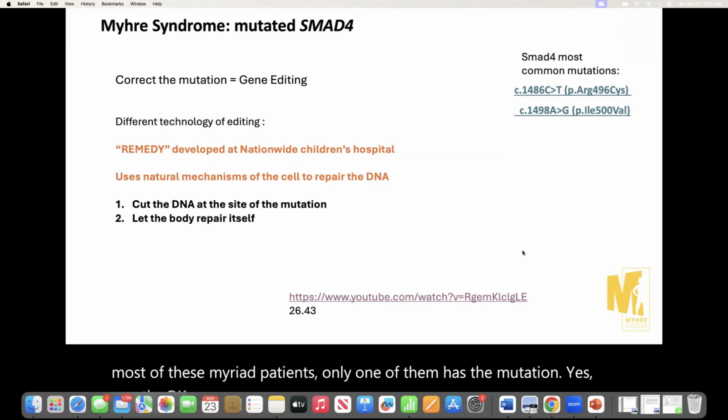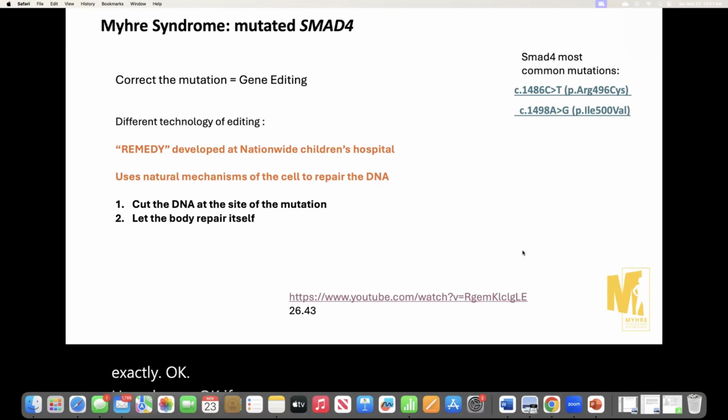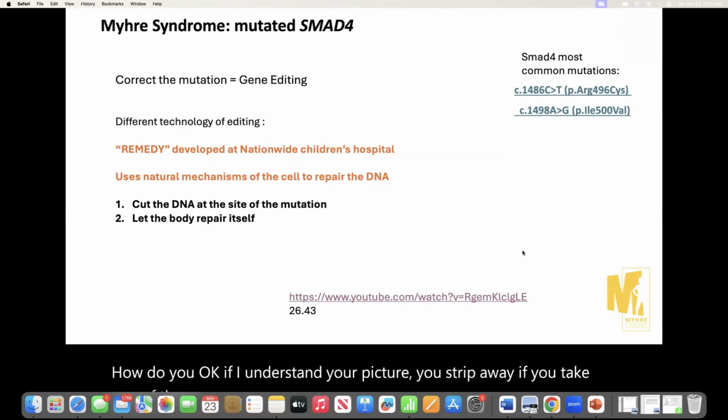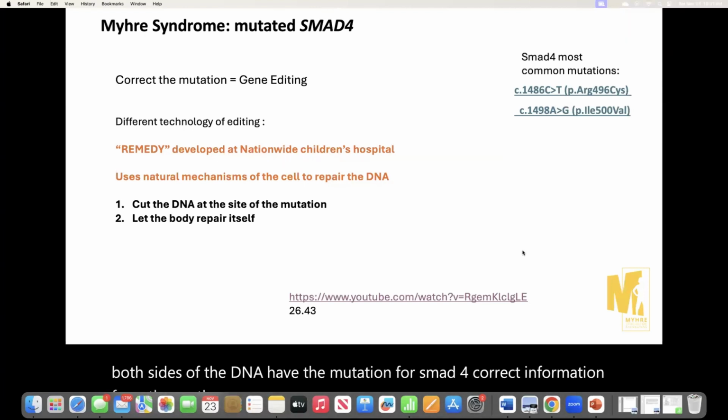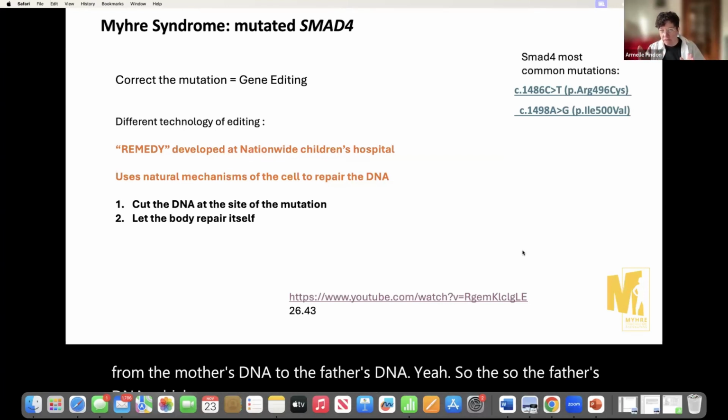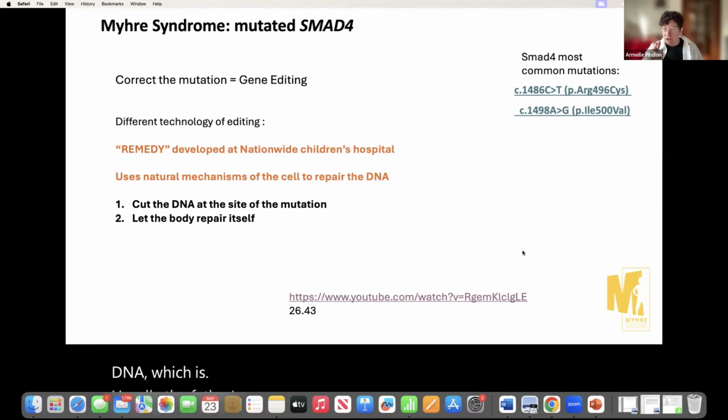If I understand your picture, you take one of those molecules and strip away one side of the DNA, but both sides of the DNA have the mutation for SMAD4, correct? So how do you get the information from the mother's DNA to the father's DNA? Yeah, so the father's DNA, which is usually the one that has the mutation, we cut it.